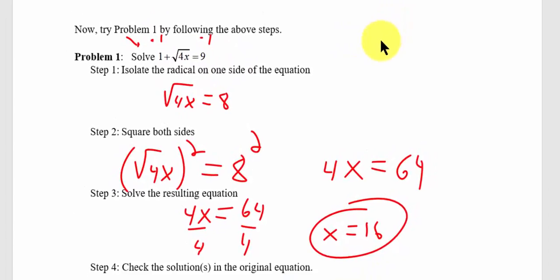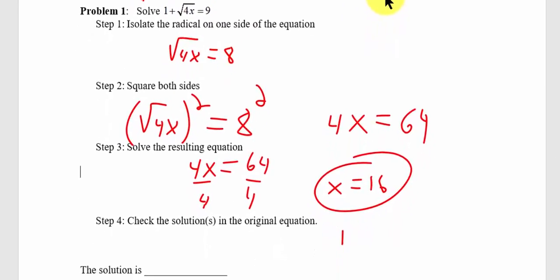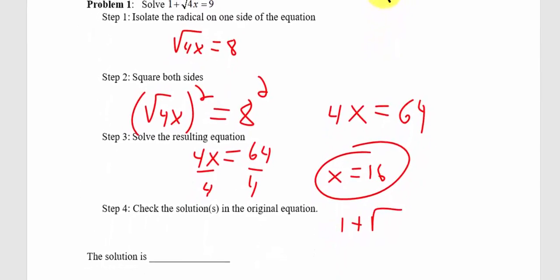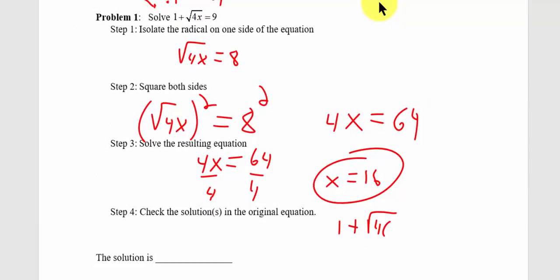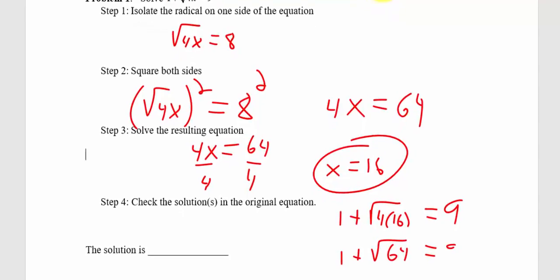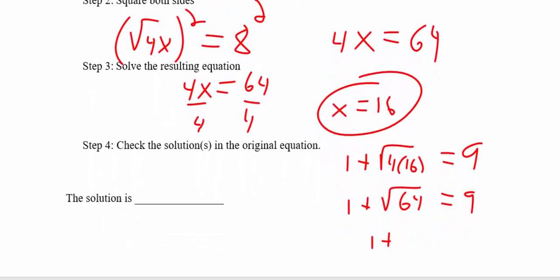The original equation was 1 plus the square root of 4x, so if x is 16, we can write that equals 9. This gives us 1 plus the square root of 64 equals 9, and then you end up with 1 plus 8 equals 9, which is correct. We know that 1 plus 8 is indeed equal to 9. So the solution is x equals 16.